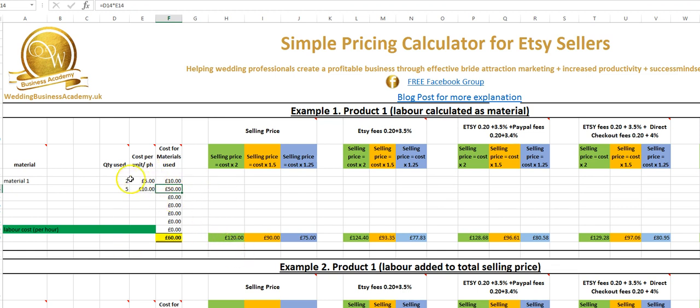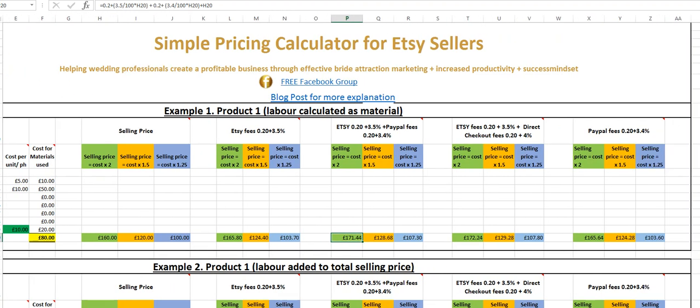And as you can see, if your cost of production was £60 without your labor hours, and you add 2 hours of labor at £10 an hour, that gives you £20. It does all the workings out for you. So if you were using the formula of selling price equal to cost times 2, it's the green prices you need to look at, and that's including your Etsy fees, your Etsy and PayPal fees, and so on.